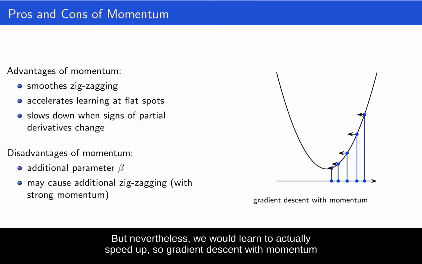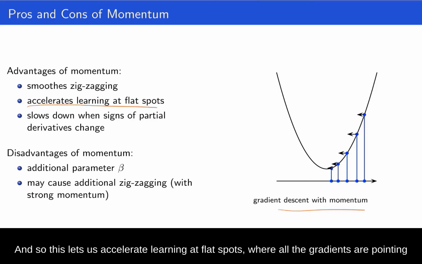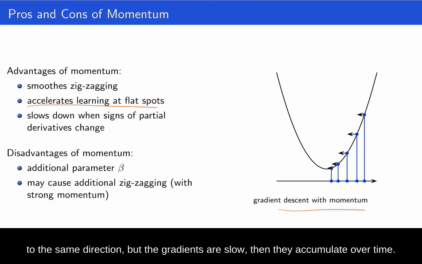But nevertheless, we would learn to speed up. So gradient descent with momentum would learn to make larger steps because all of them point in the same direction. And so this lets us accelerate learning at flat spots where all the gradients are pointing in the same direction, but the gradients are small, then they accumulate over time.